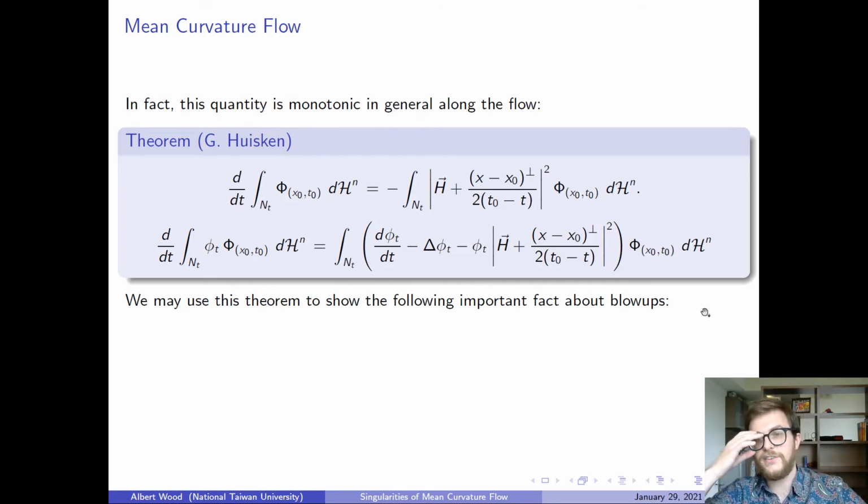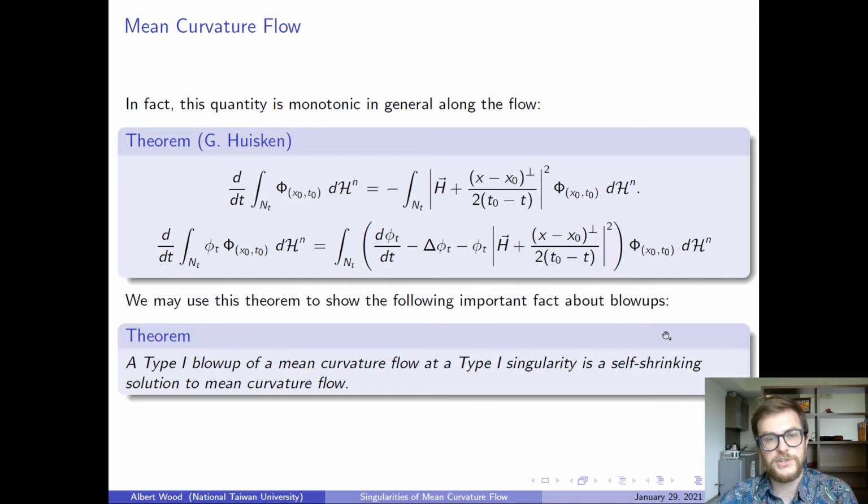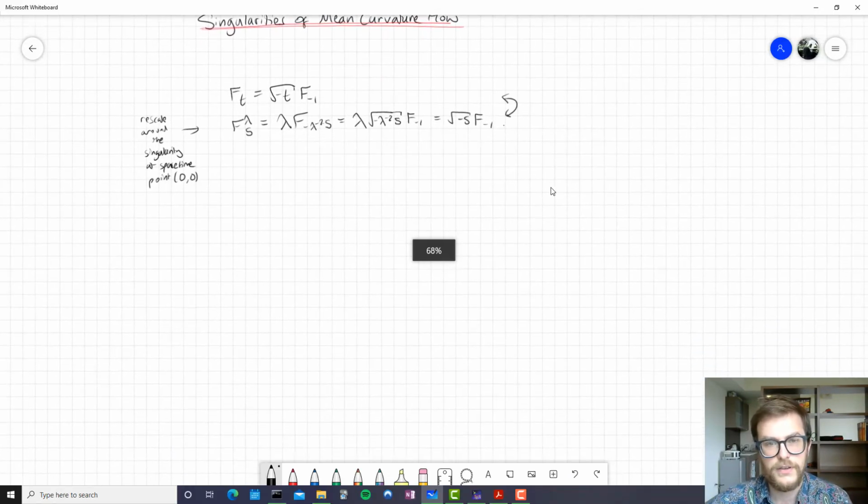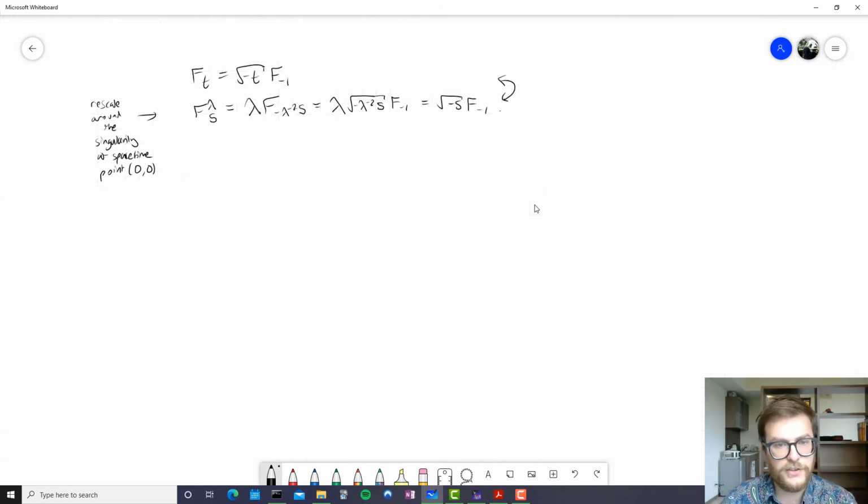So this theorem is used to prove the fact that I just mentioned, which is that a type 1 blow-up of a mean curvature flow at a type 1 singularity is a self-shrinking solution to mean curvature flow. I'll quickly demonstrate why that's true. The idea is that the Huisken monotonicity formula tells us that the derivative of the integral of this heat kernel, which I will just write as a capital phi, is equal to minus this quantity here, and I'll assume that everything is centered at the space-time point 0, 0 for convenience.